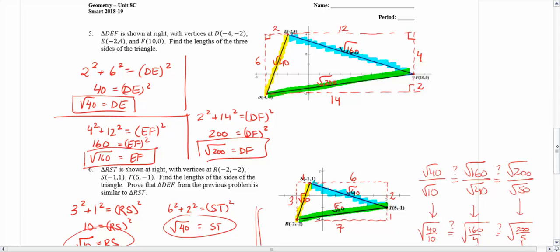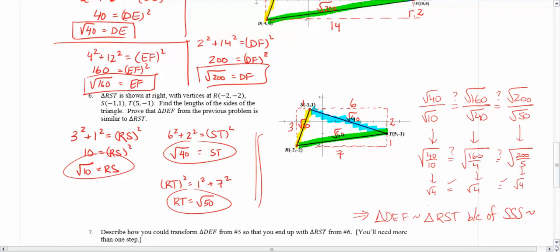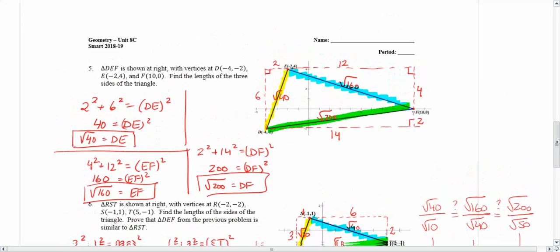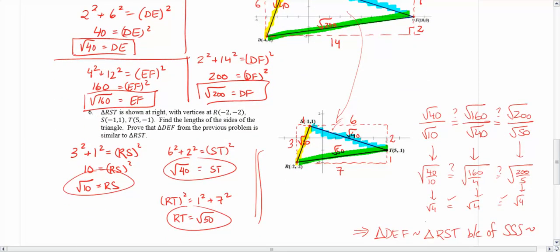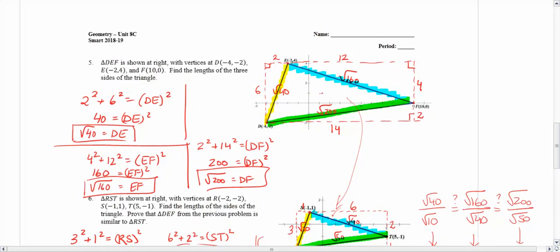Okay, so the sides here, the scale factor, a lot of students think that it's a multiplier of 4, or a division by 4. You'd have to shrink this by factor 4 to get to here, but you don't. It's a factor of root 4, right? So it's really 2. So this one up here is twice as big as this one down here.